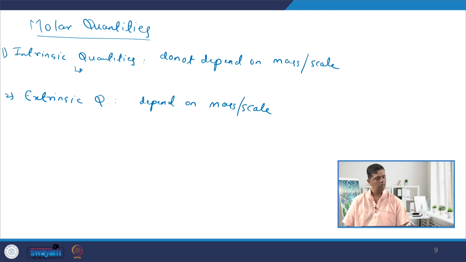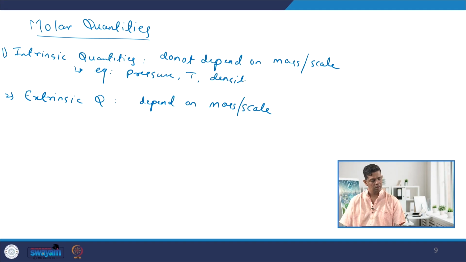Examples of intrinsic quantities are pressure, temperature, and density. We can also include enthalpy, and other thermodynamic terms such as Gibbs free energy and entropy as well.